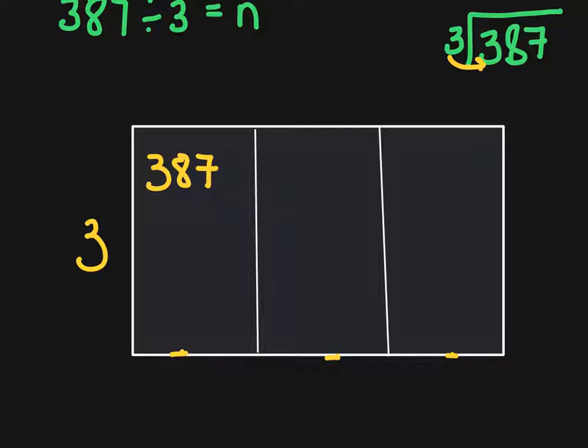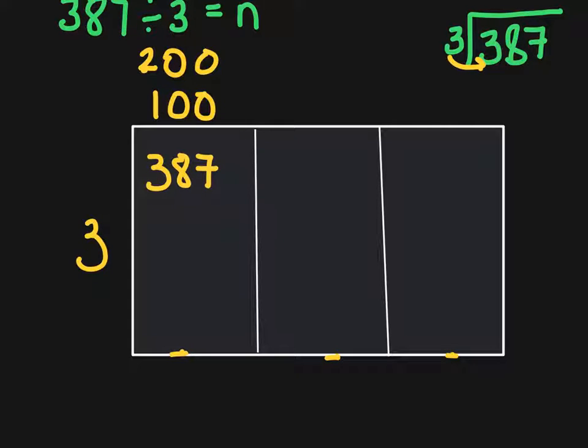So we do the same thing here. And what I'm saying is 3 times 100 would be 300. Well, 300 is close to 387, so I might be able to use that. Or I could go up by groups of 100. So if I go up by 100, that means I have 200.